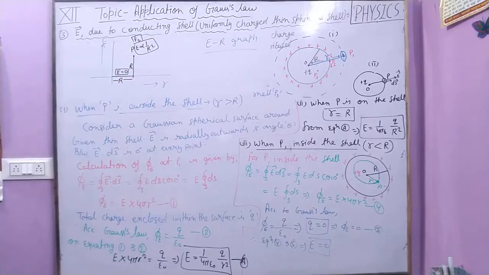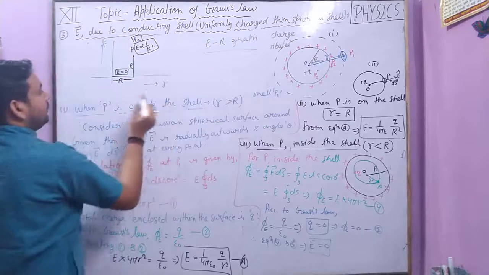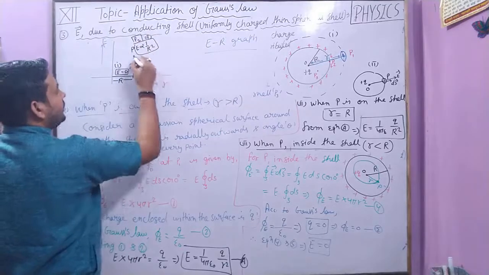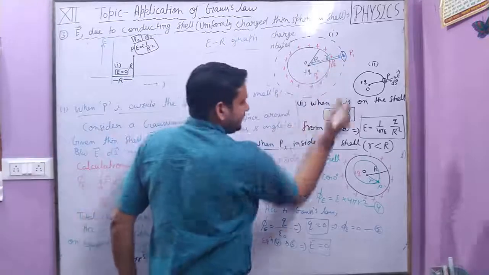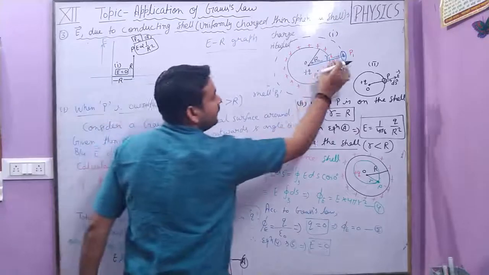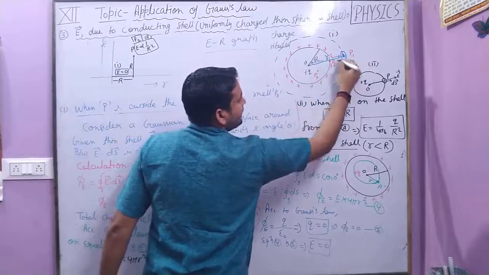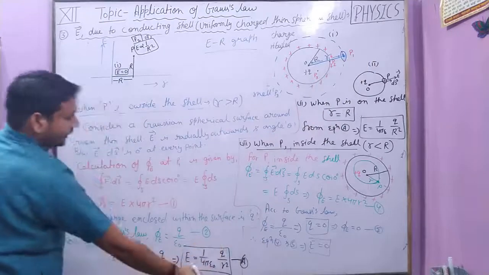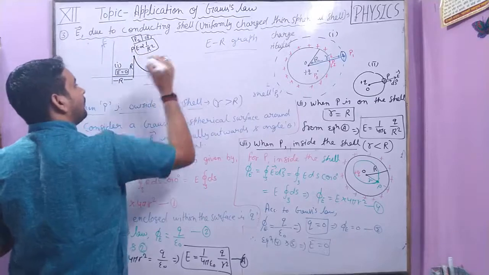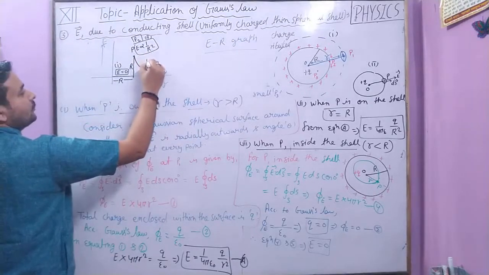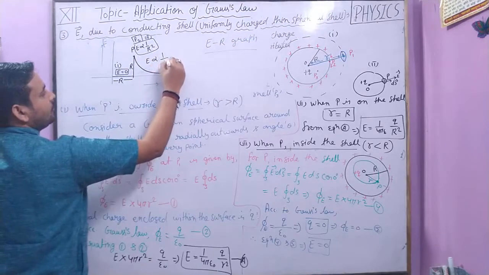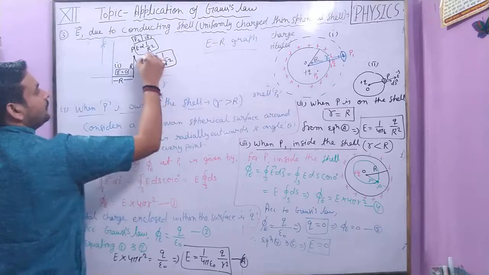Clear? Now outside the cell, this is first point, this is second point, and third. As the distance increases, the value of electric field decreases in such a way. Okay, this is the third situation, and in this case the electric field is inversely proportional to R square.